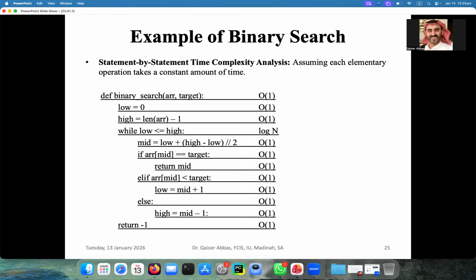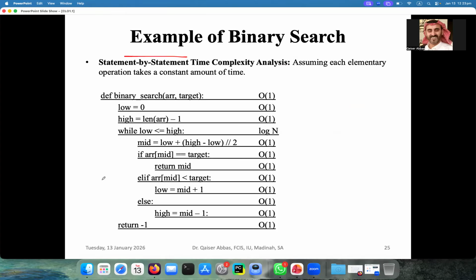In this example, we will calculate the time complexity statement by statement, which means line by line. Whatever rules we have learned before, we will apply those rules here.